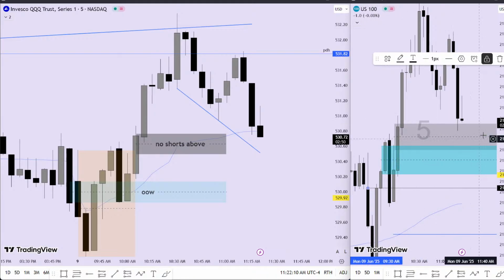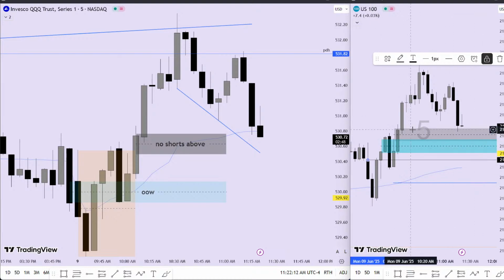So we have a lot of areas of interest from this point to the open.